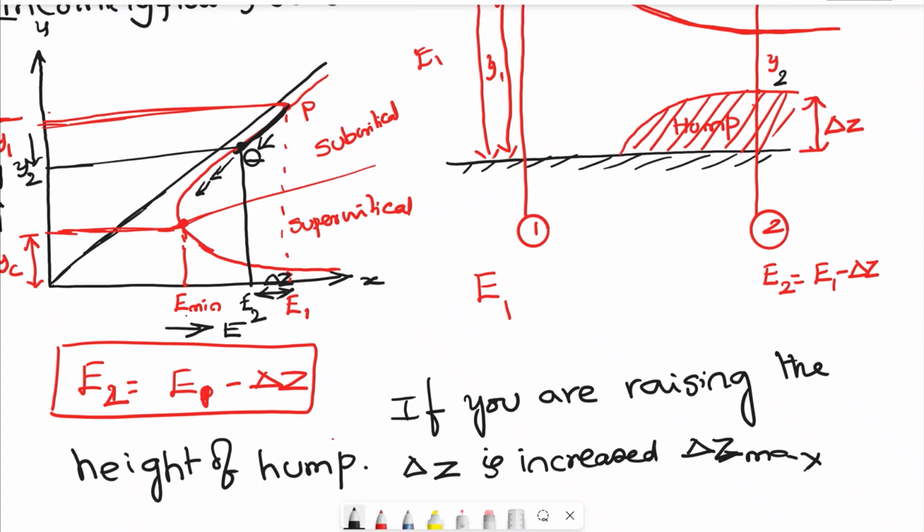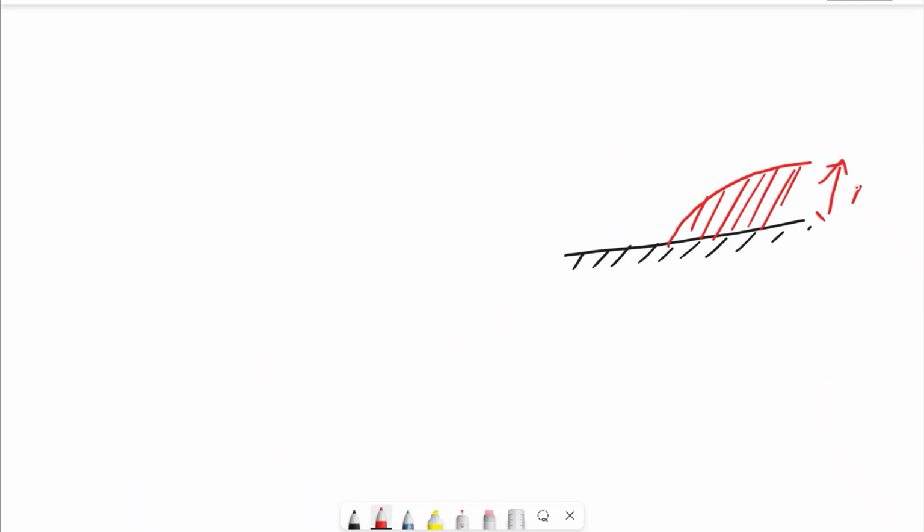So if this is the channel bottom and this is your channel hump, which is delta Z, then for initially subcritical flow the water surface goes down like this.